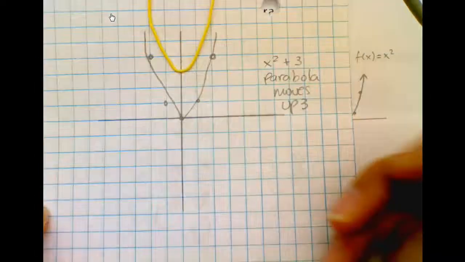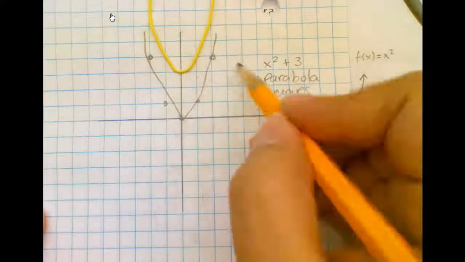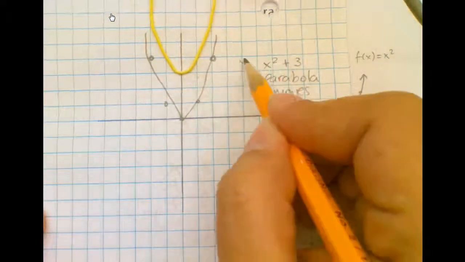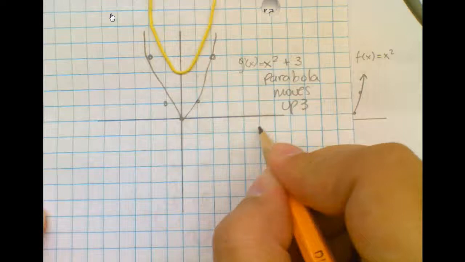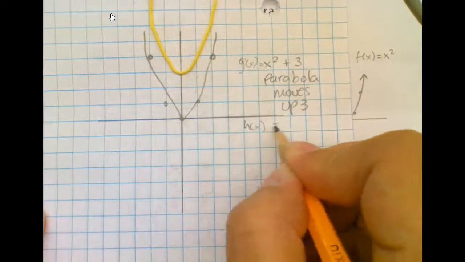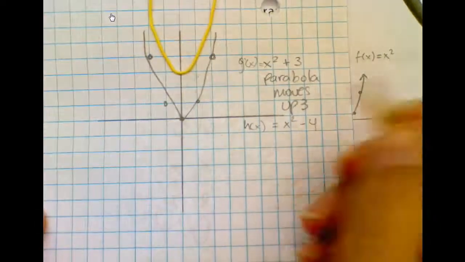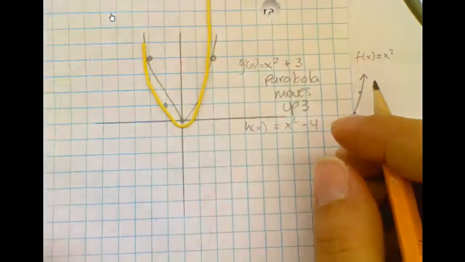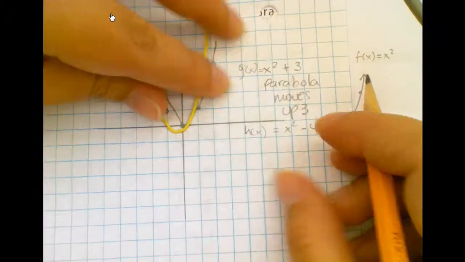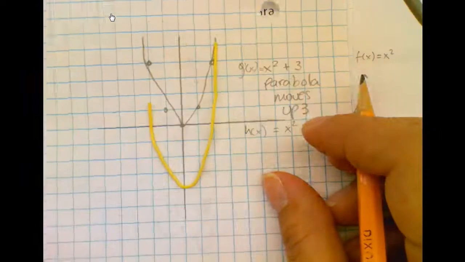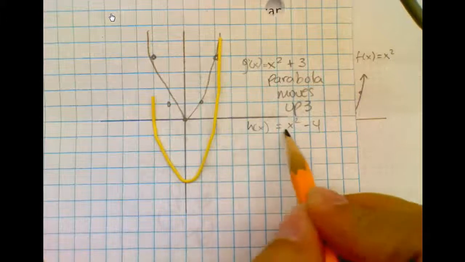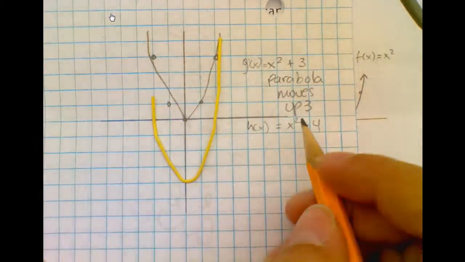So that's where the graph of x squared plus 3 will end up being. If I have another function where it says x squared minus 4, then this is the parent function, and I'm going to go down 4 units, 1, 2, 3, 4, and that's where the parabola x squared minus 4 will be.